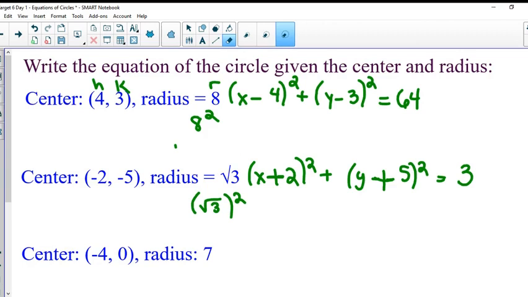And then finally, with our last problem down here at the bottom, we have our center of negative 4, 0, so parentheses x minus negative 4, close parentheses, plus. Now notice how it's just a 0. When you just have a 0, you don't have to add in the plus or a minus because there's nothing that you're plussing or minusing.